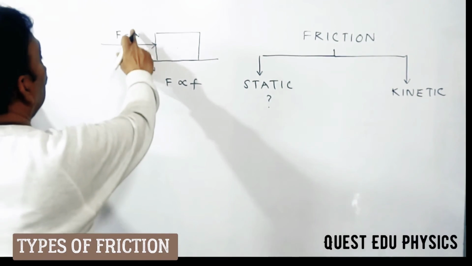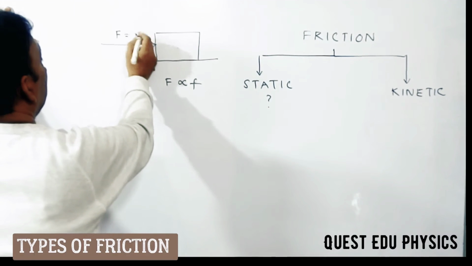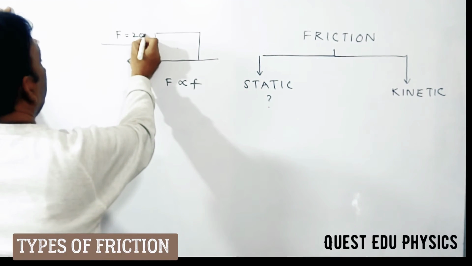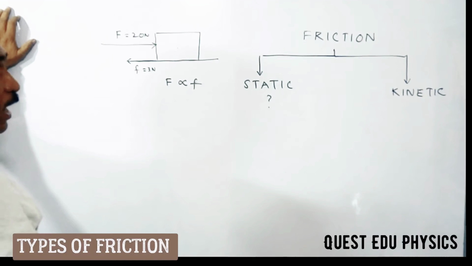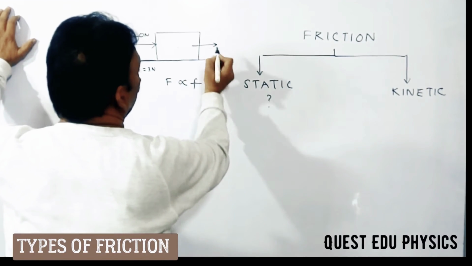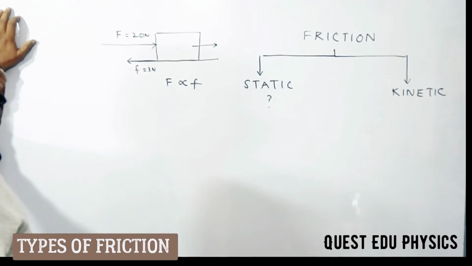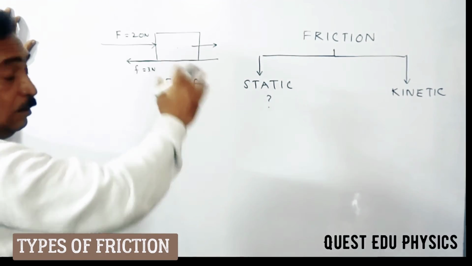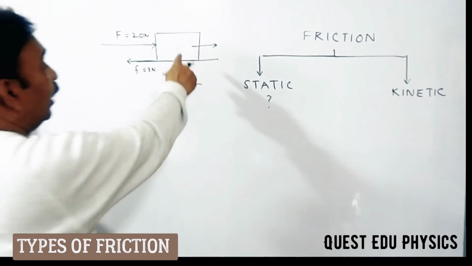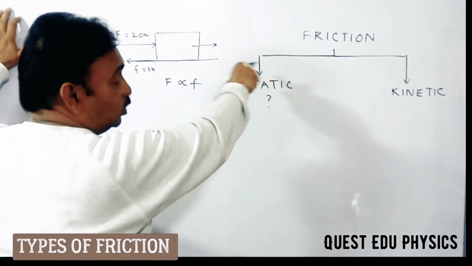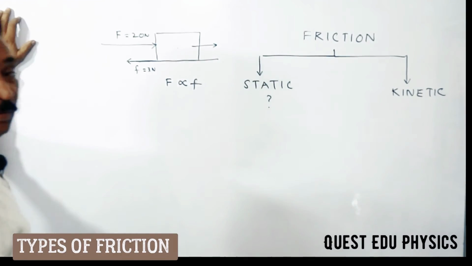What happens after applying a force? Let's say I applied a force of 20 Newton. The body tends to move, and till now it only tends to move. Then the body starts moving over the surface.